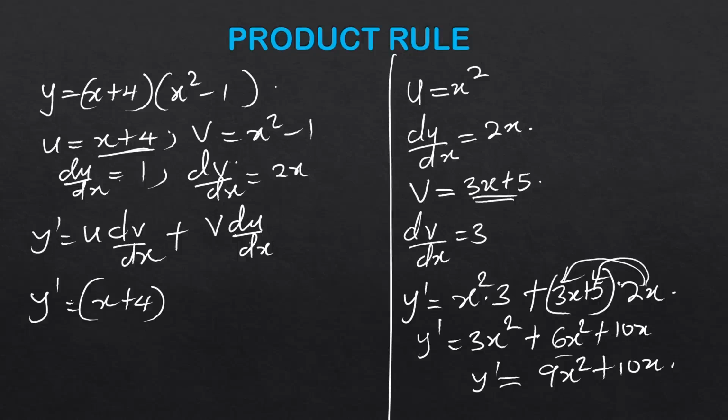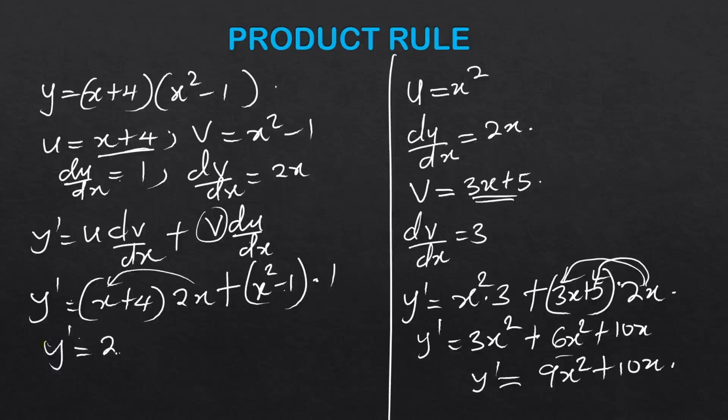Then dv/dx. What is dv/dx? It is 2x, plus the next is v. What is v? v is x squared minus 1. Now du/dx is just 1. So you clear the fraction. You have y prime equals 2x multiplied here, which is going to be 2x squared, then plus 8x.